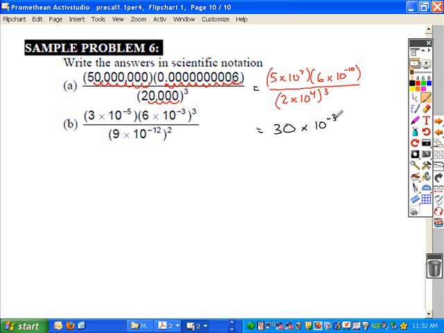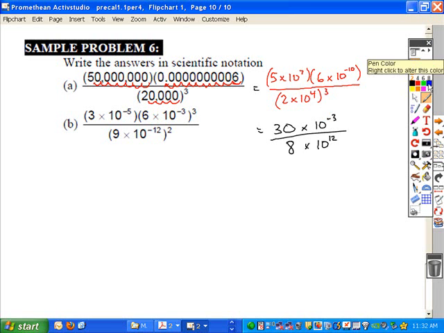When you multiply two numbers with the same base, you add their powers. Now we can cube each part of this. This power of 3 applies to all factors inside this grouping symbol. So what is 2 cubed? 8. And what is 10 to the 4th cubed? 10 to the 12th. When you take a power to a power, you multiply.